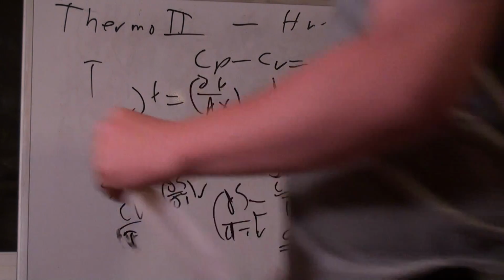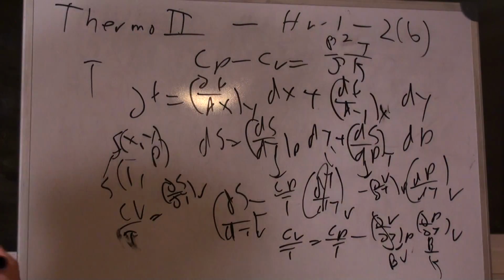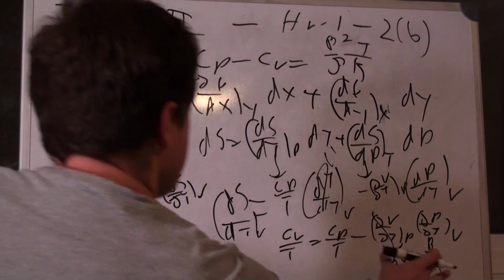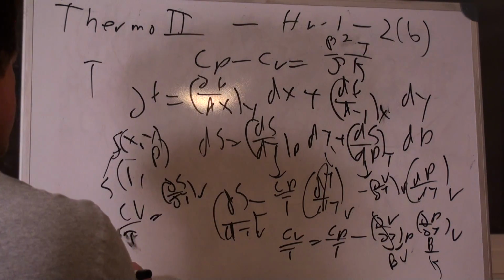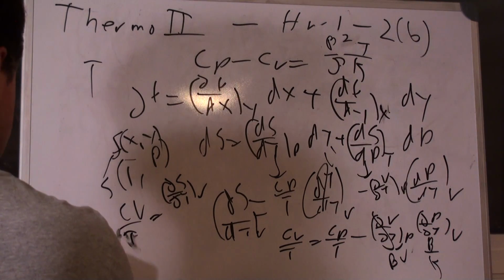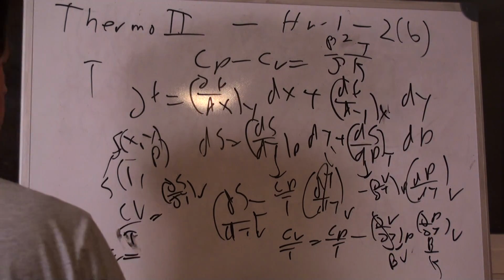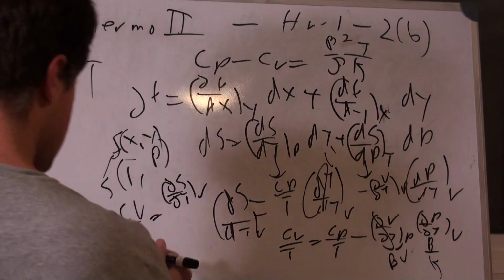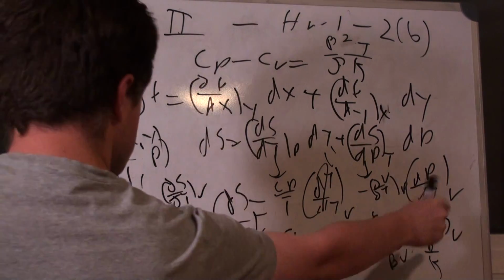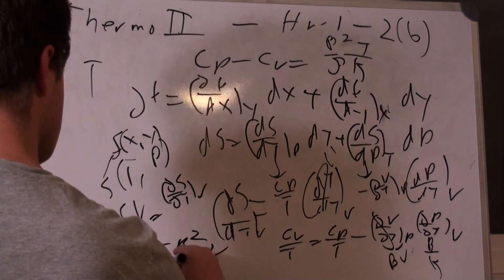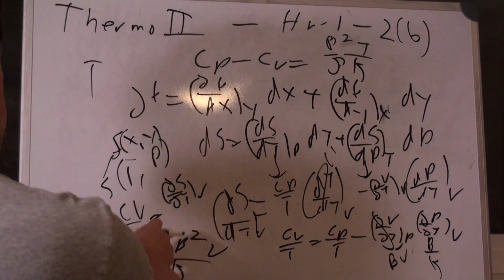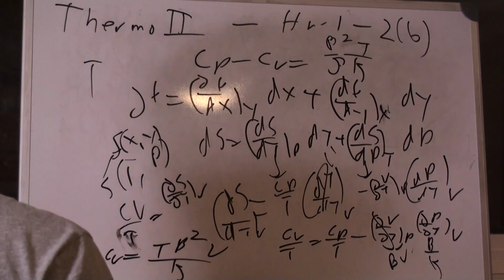Well, if I do algebra, bring that one over, and that one over, and multiply by T, I have Cp minus Cv equals T times two betas, T beta squared v over kappa.